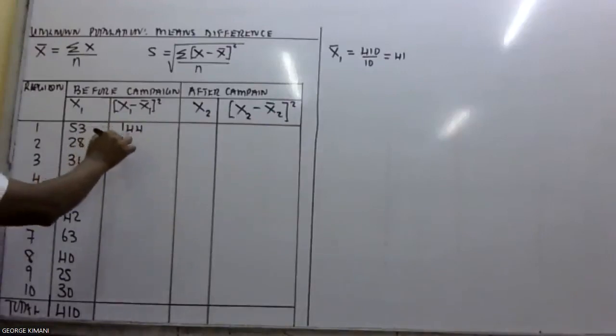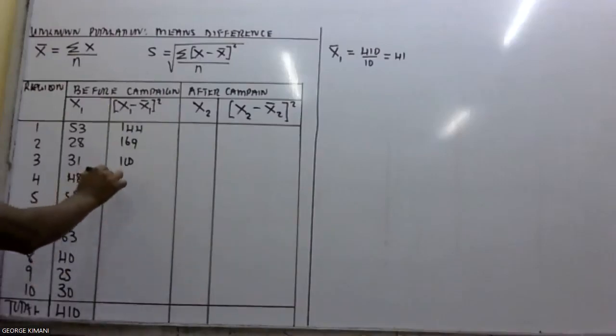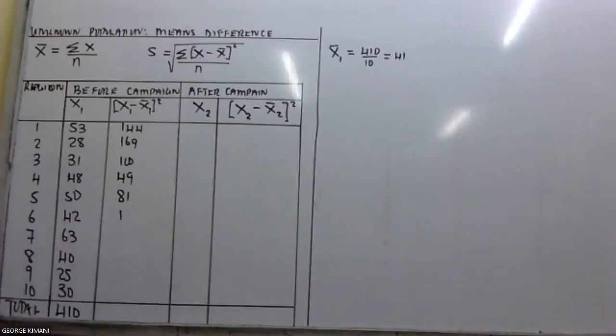Then 13, 169. 10, 100. 7, 49. 9, 81. 1, 1. 22, 484. 1, 1. 16. 11, 121. So add those values.